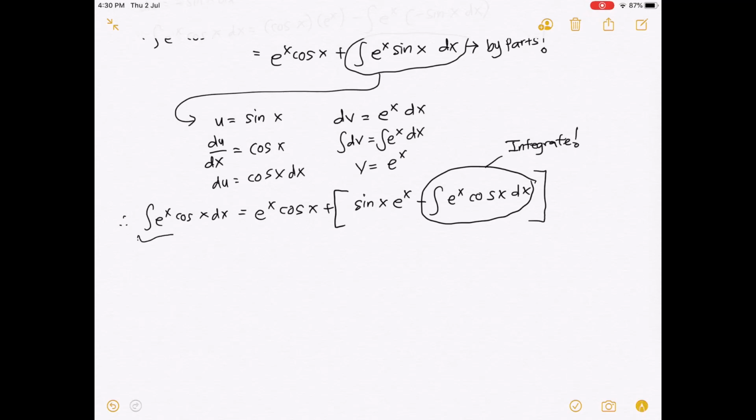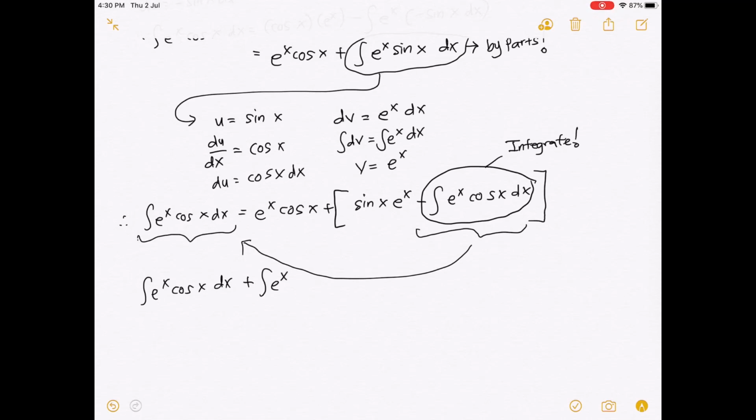If you see here, this is the integration of e^x cos x. This is also the integration of e^x cos x. So if I bring my right hand side to the left, I will have e^x cos x dx, the minus will be plus another integration of e^x cos x dx.